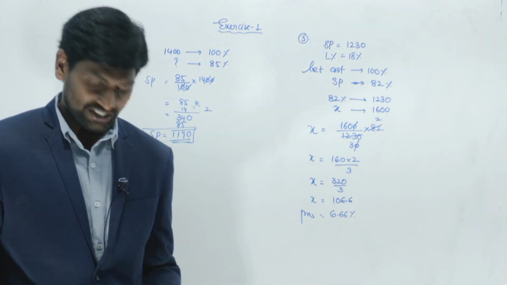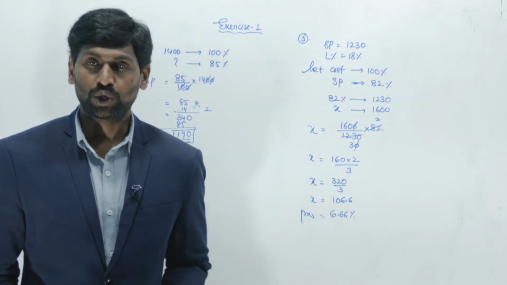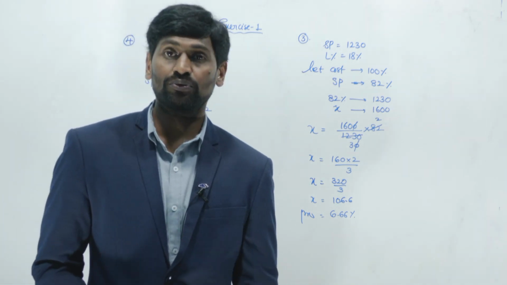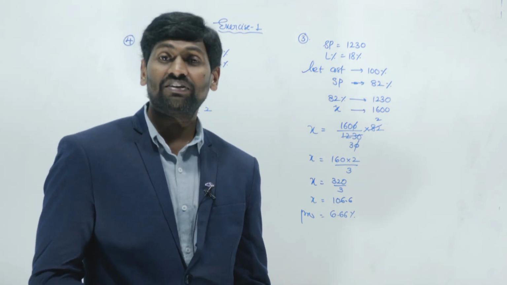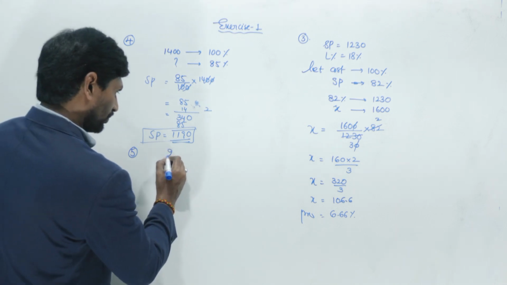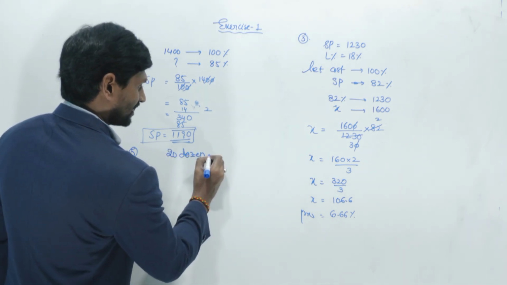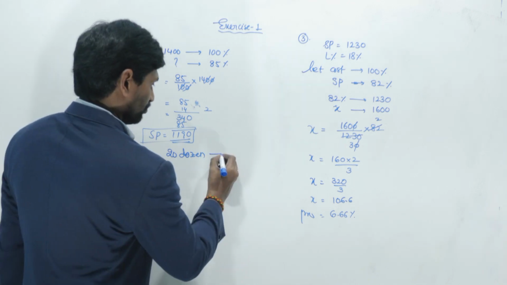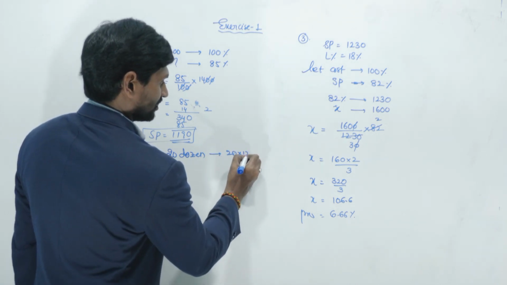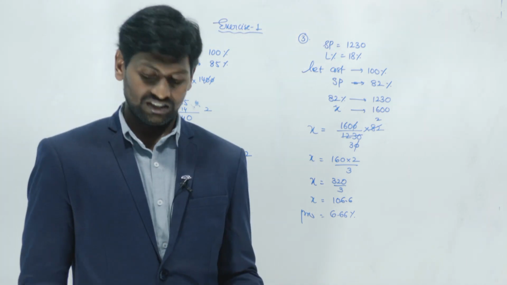The fifth problem is given. Sam purchased 20 dozens of toys at the rate of 375 per dozen. Total 20 dozens. Dozen means how much? 12. So simply 20 into 12 is the number of toys.